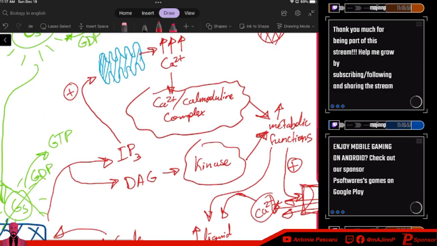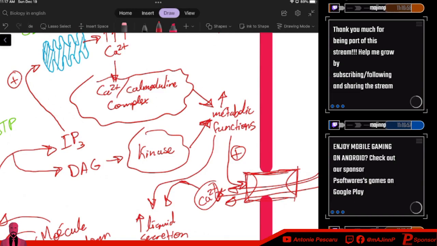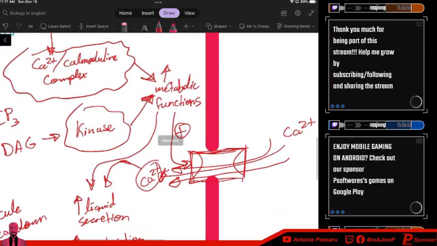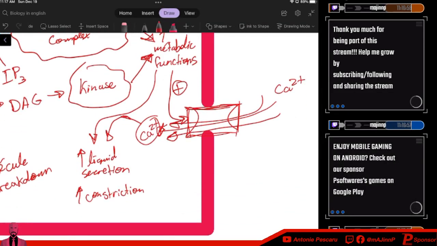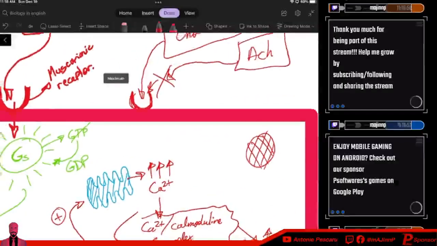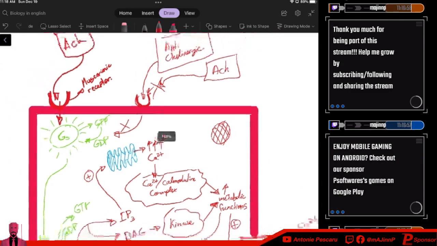One of them stimulates the secretion of calcium from the sarcoplasmic reticulum, the other one is prevented from activating its kinase in order to augment metabolic functions, which will not be able to take in calcium, either to augment liquid secretion or to augment constriction. So there will not be this pathway involved, right?